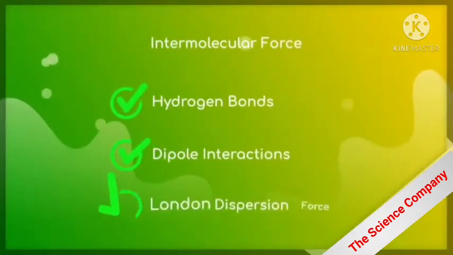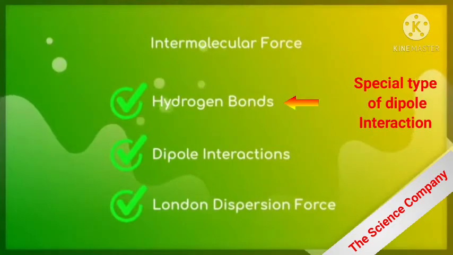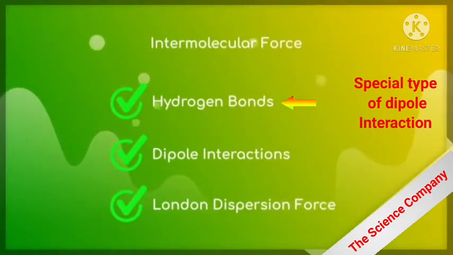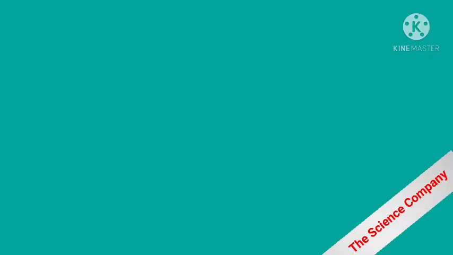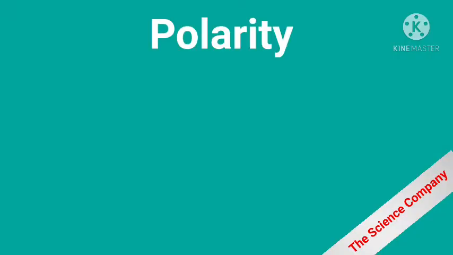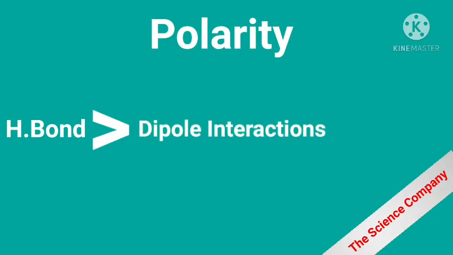In organic compounds, there are three types of intermolecular force. The first one is the hydrogen bond, the second one is the dipole-dipole force, and the third one is the London dispersion force. If an organic molecule contains hydrogen bonds, it is more polar, and if it contains dipole-dipole force, it's less polar compared to the organic molecule which contains hydrogen bonds.